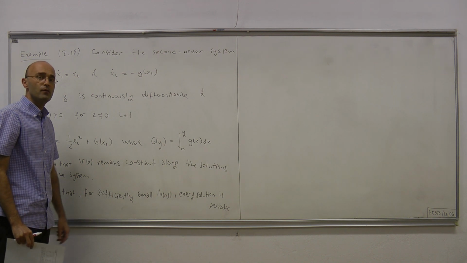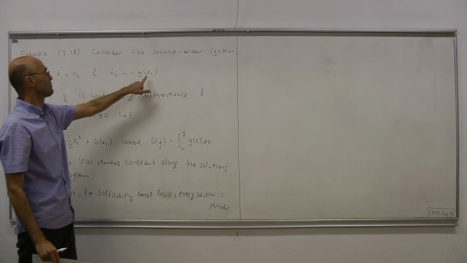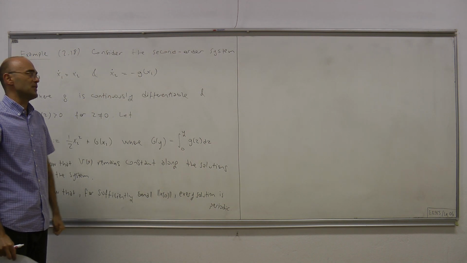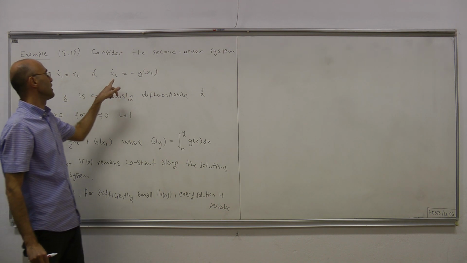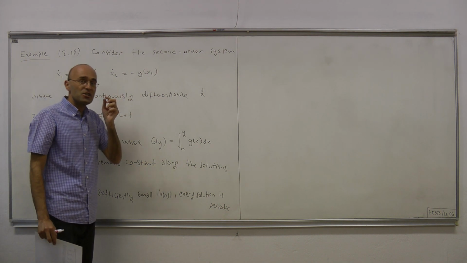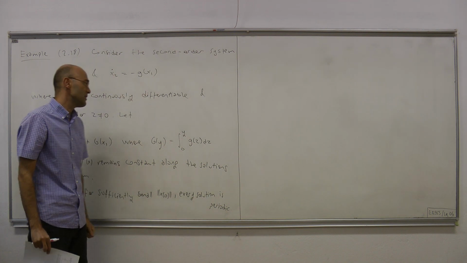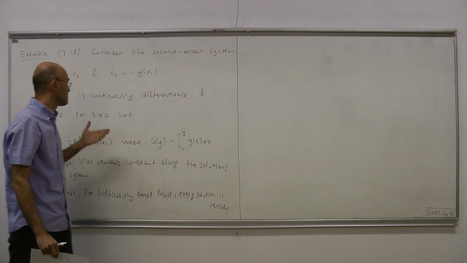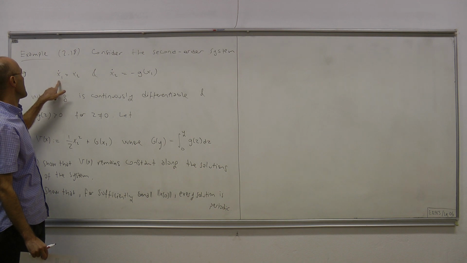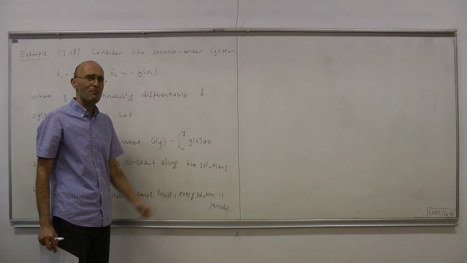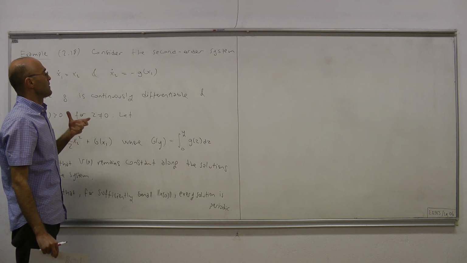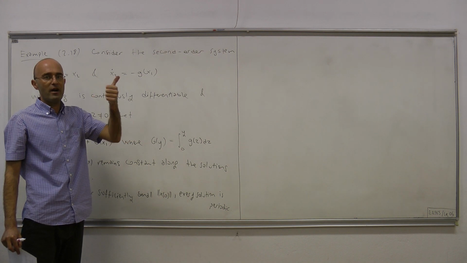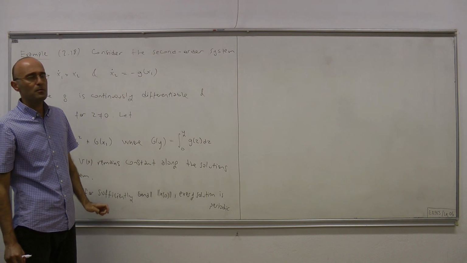Now, some of you may have recognized that if you choose g of x1 directly equals x1, let's say, then we have x1 dot equals x2 and x2 dot equals minus x1. That identity function satisfies the assumptions that should be satisfied by g, and that is the state space representation of the normalized mass spring system where m and k are both equal to 1.